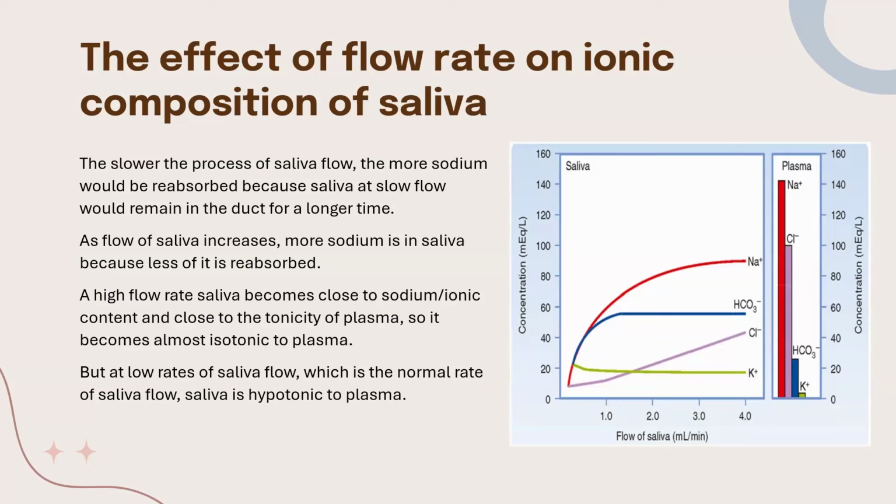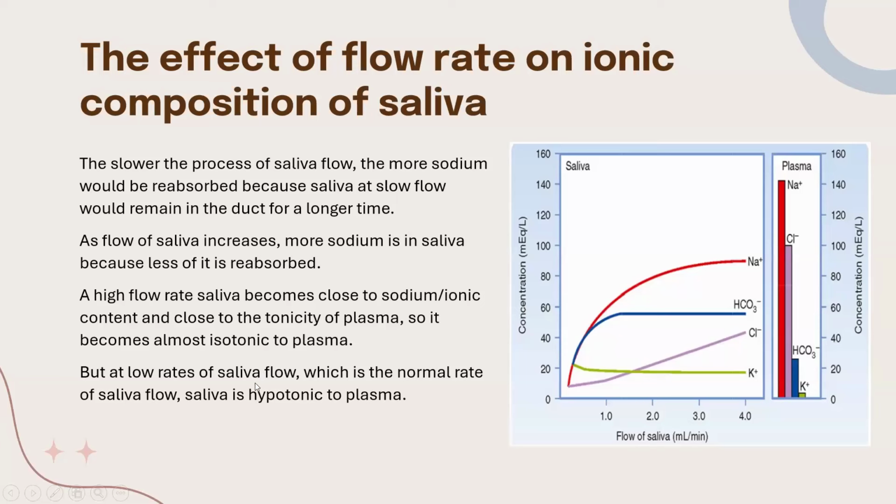So basically, a slow flow rate, less sodium in the saliva because more sodium is reabsorbed back, and a high flow rate, more sodium left behind in the saliva. A high flow rate saliva becomes close to plasma in sodium ionic content and tonicity, so it becomes almost isotonic to plasma.